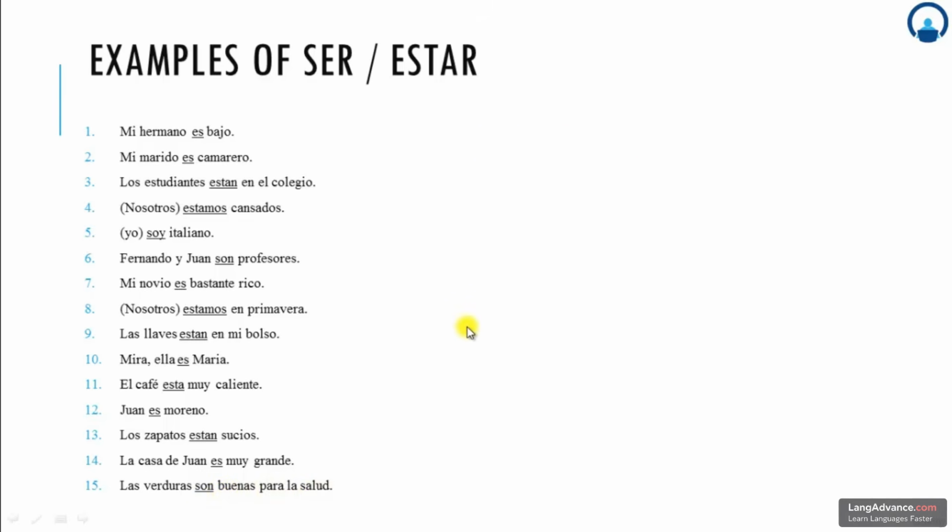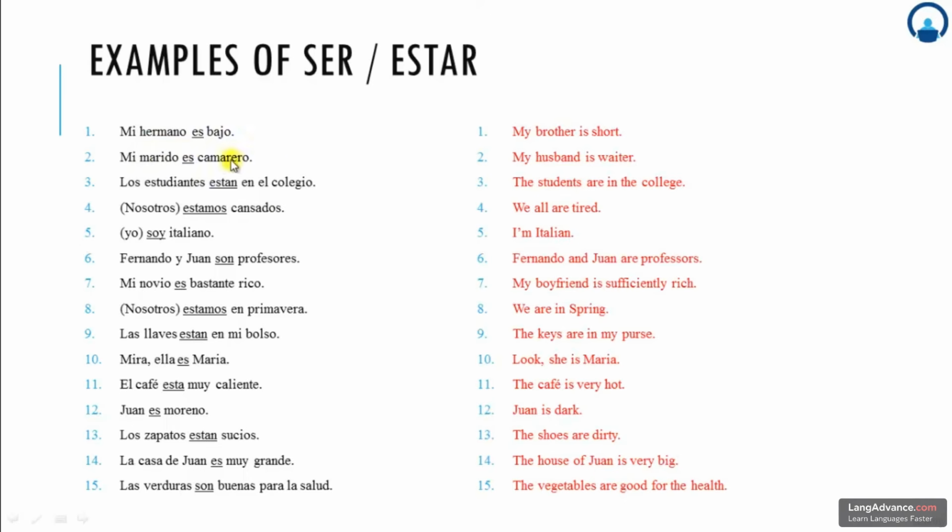Now we'll translate it. Mi hermano es bajo. That means my brother is short. Mi marido es camarero. My husband is a waiter. Los estudiantes están en el colegio. The students are in the college. Estamos cansados.